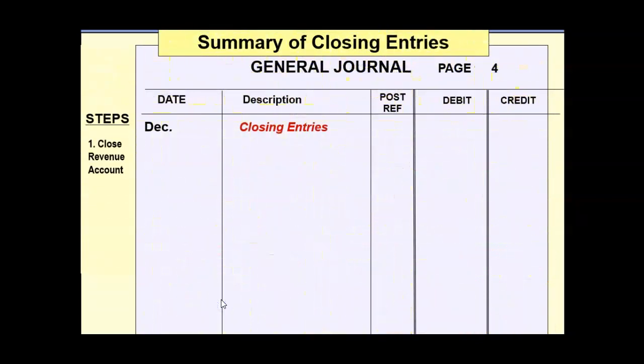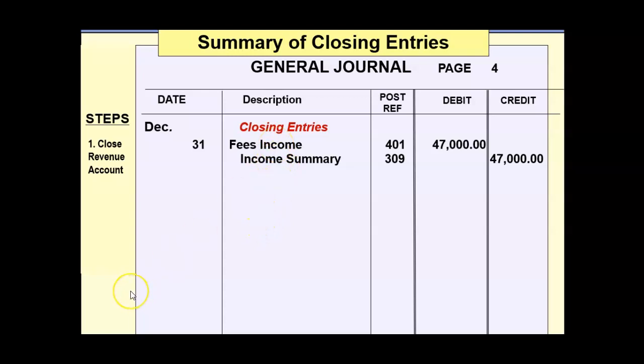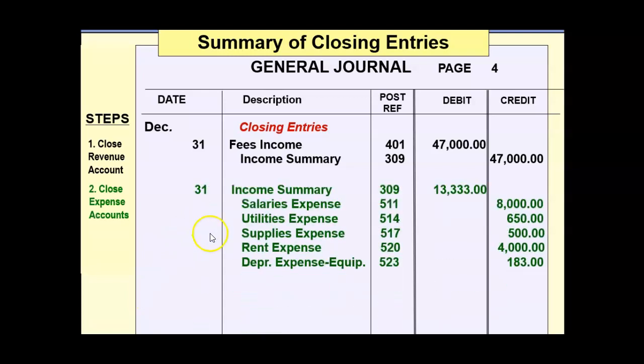So here is a summary of the four steps of the closing entry process. Step one, we close out the revenue accounts to the income summary account. Step two, we close out our expense accounts to the income summary account. At the end of these first two steps, your revenue accounts and your expense accounts now have a zero balance.